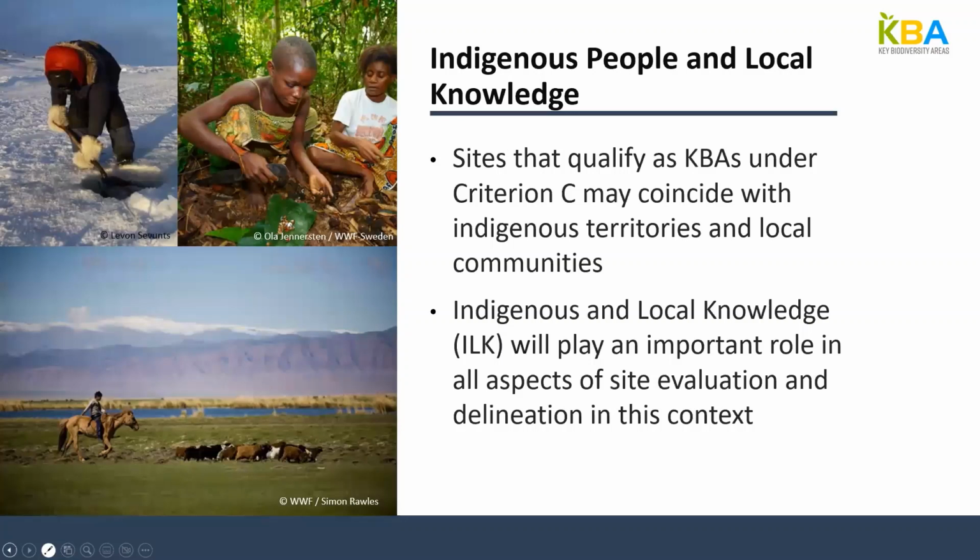For instance, some sites that qualify as Criterion C sites might actually be within indigenous territories and may include long-established local communities. And again, just as a reminder, human presence within a Criterion C site is acceptable as long as the human impact on the site is not of industrial proportions and is sustainable.